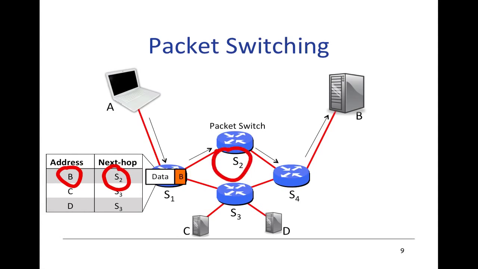Okay, so once switch S1 sees this packet, it's going to look it up in its table and send it along to switch S2. And this is it going along its way. Switch S2 will have its own table, and of course that table is going to be different from S1's, because it's going to have a different set of next hops for each of the addresses that it sees. So then it's going to send it along its way, this time to S4, and then eventually to the correct destination.